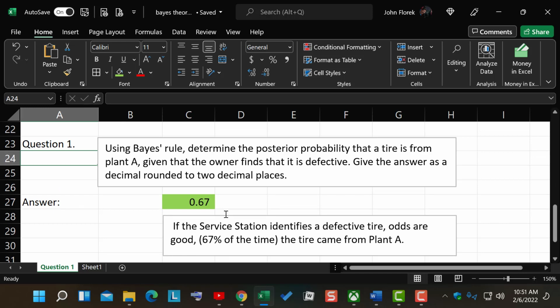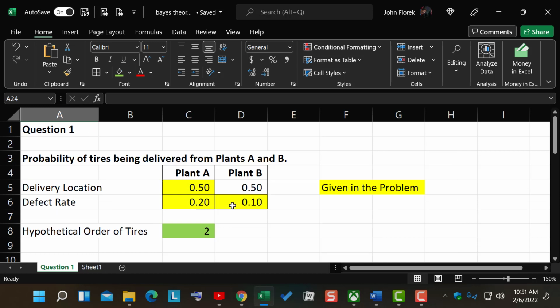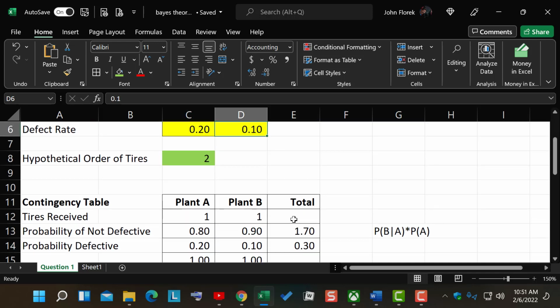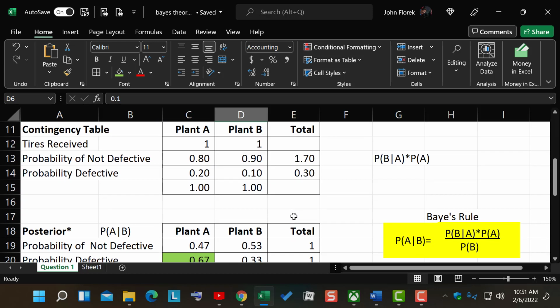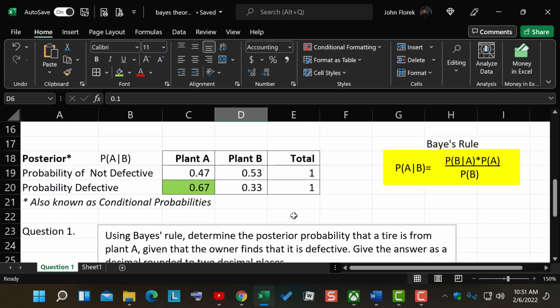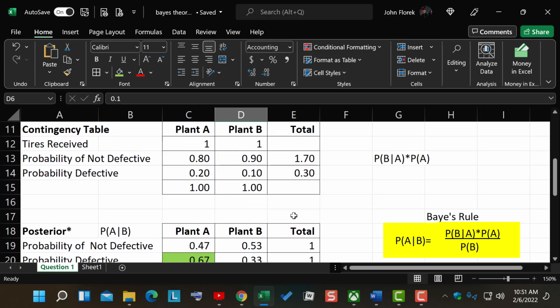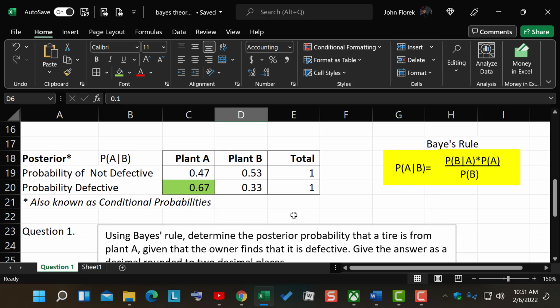It's 67% because it has more defects than plant B. Does that make sense? So you know it's going to be higher than 50%, but you don't know that exact percent unless you use Bayes' rule.